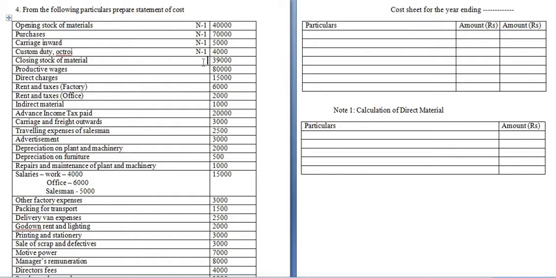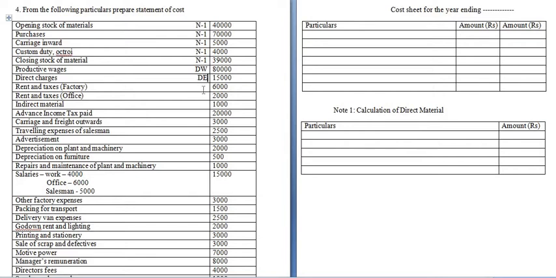Closing stock of materials, so again note number 1. Productive wages, it is direct wages. Direct charges, it is direct expenses.